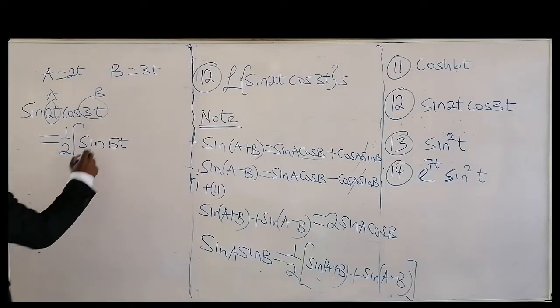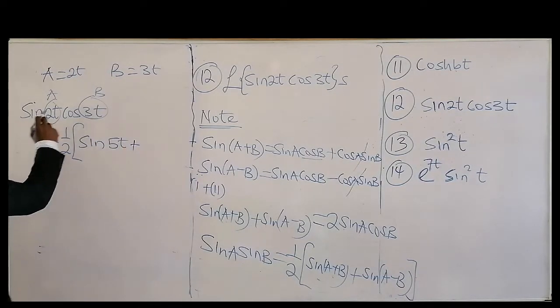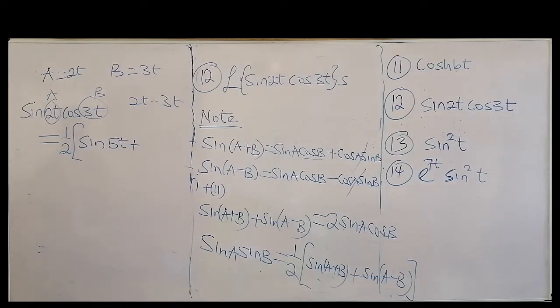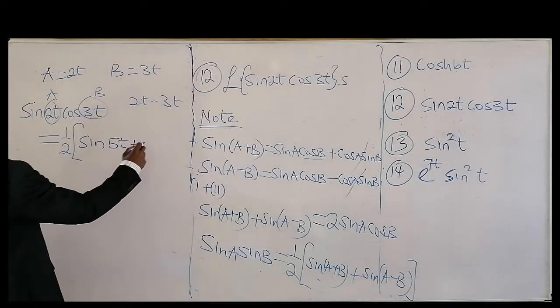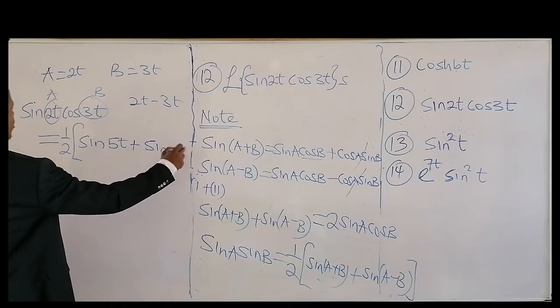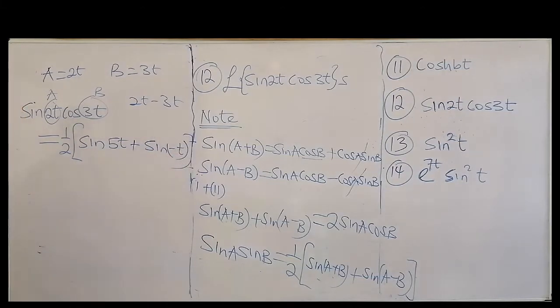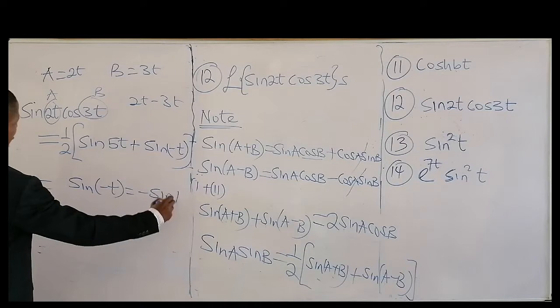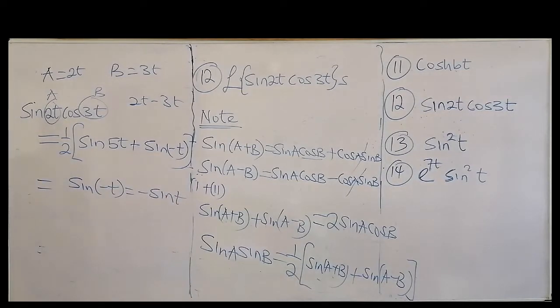Okay, then plus 2t minus 3t, that's A minus B. So that'll be sine minus t. Okay, and then for the trig identity, sine minus t is equal to that. Okay, so this will be equal to what?